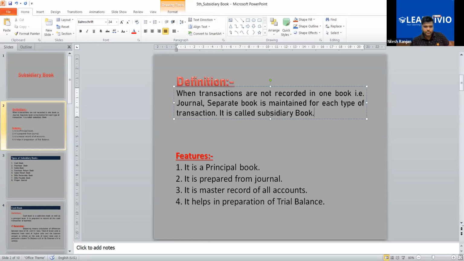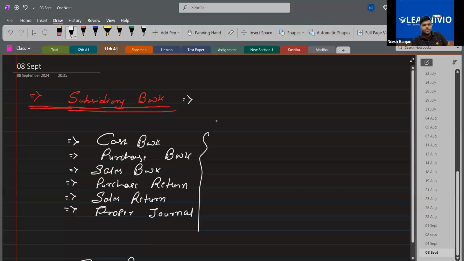There is one more name of this chapter, which is special purpose book. Subsidiary book and special purpose book, both are the names.